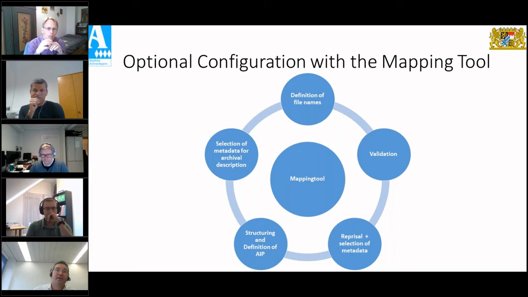In addition, it is defined in the mapping tool what kind of attribute values are to be mapped in the digital archive as archival description, accessibility information in our database, our special archive information system.